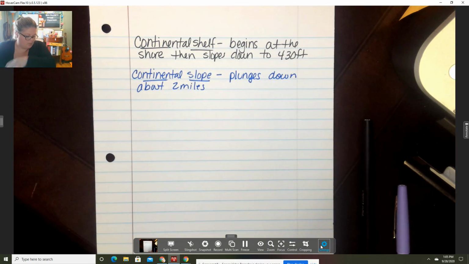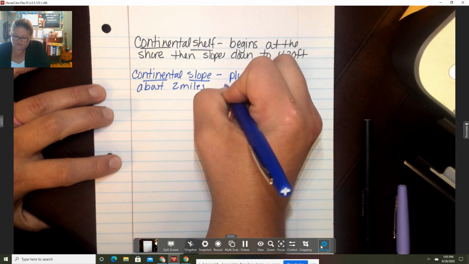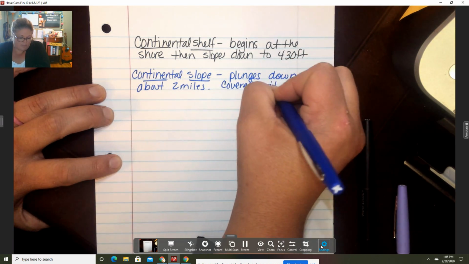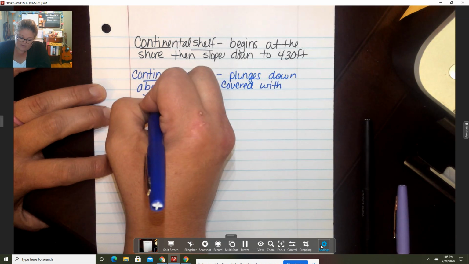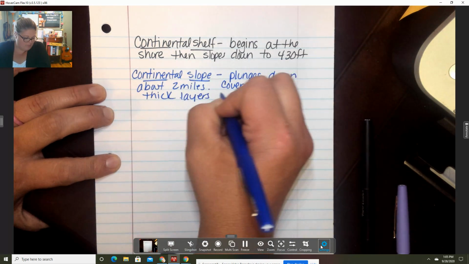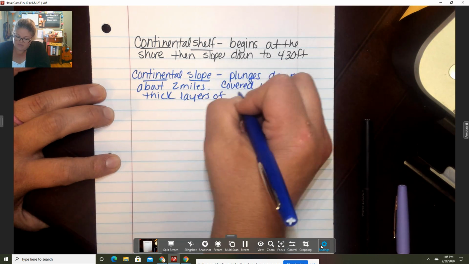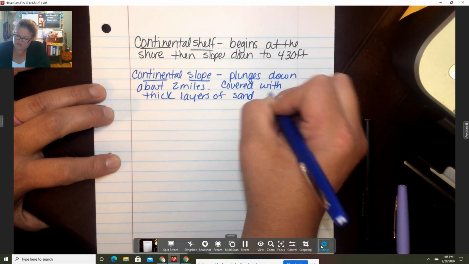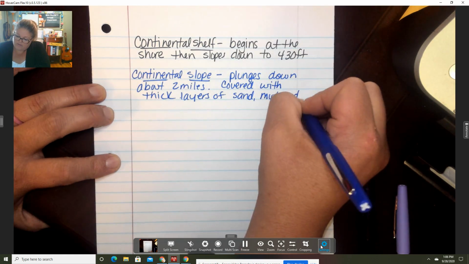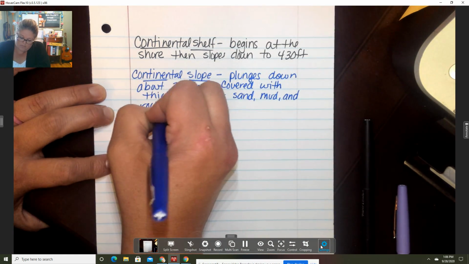Okay. So this area is covered with thick layers of sand, mud, and rocks. Okay.